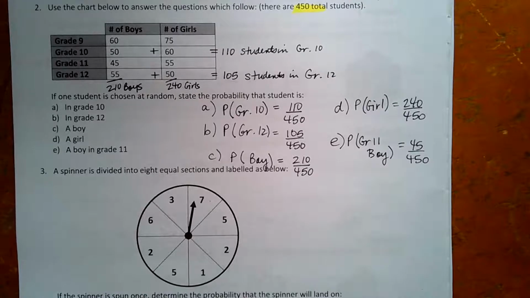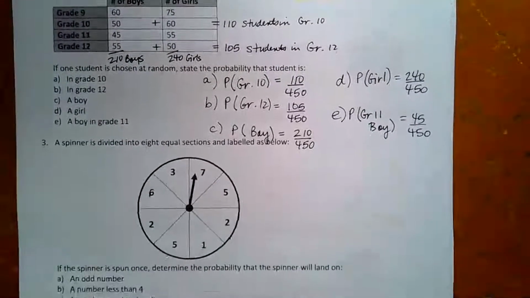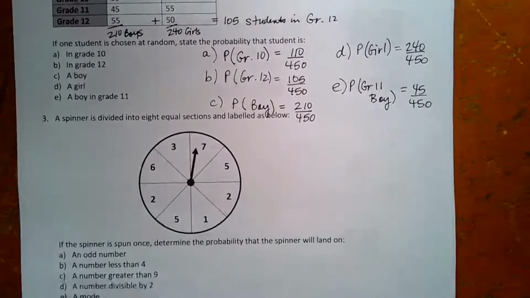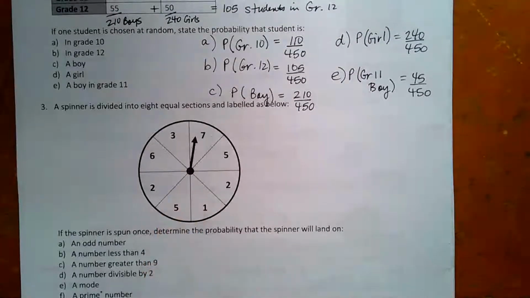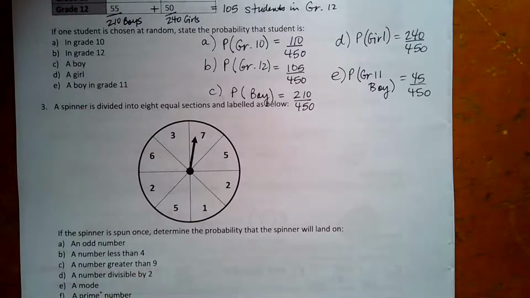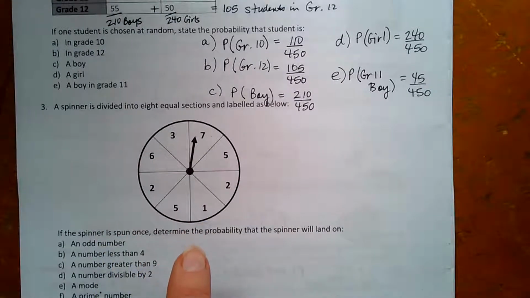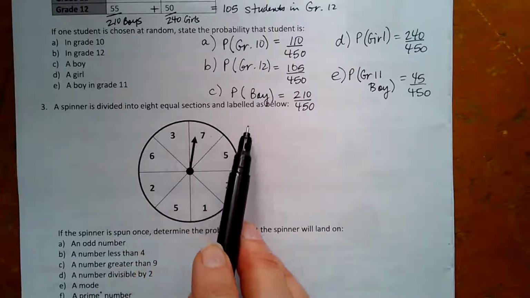Let's take a look at number 3, and then I think I'll let you try to work through a few more of these on your own today. They've got a picture of a spinner. This is commonly found in board games. If you don't have a die, sometimes you spin a spinner like this and it determines how many spaces you can move. It says a spinner is divided into 8 equal sections and labeled as below.